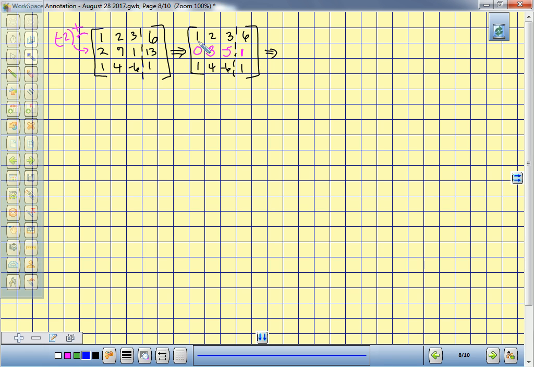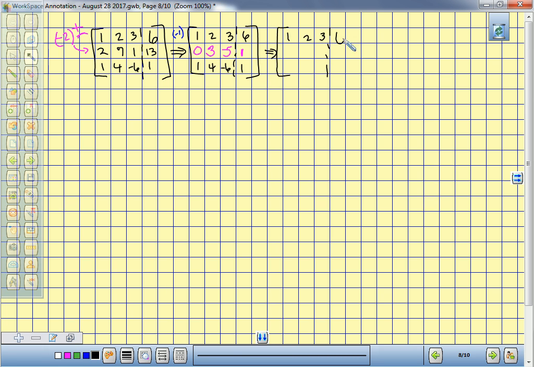So we're going to use those algorithms that we learned with elimination so that we can find our x, our y, and our z. What we want is for this row to end up looking like this, this row like this, and this row like this.